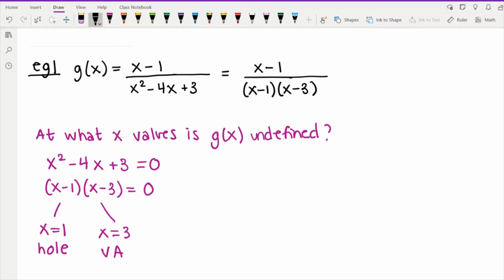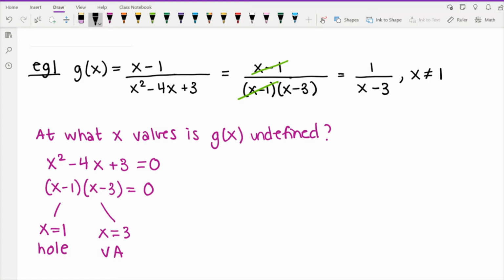So I'm going to cross those factors out, but you have to remember there's something that we do when we cross out a factor like this. We don't just cancel it out and ignore it forever. We have to record that information of what we canceled out. So our original function is not exactly the same as 1 over x minus 3. It's the same as 1 over x minus 3 with the added restriction that x cannot be 1.